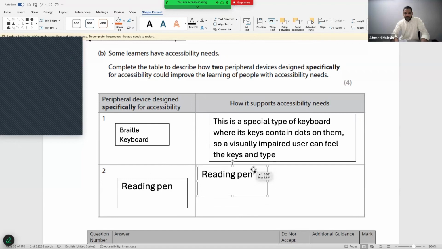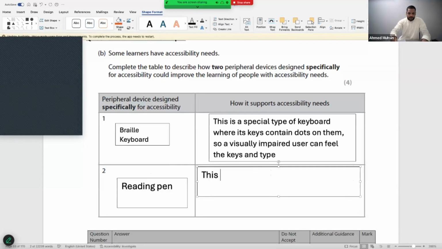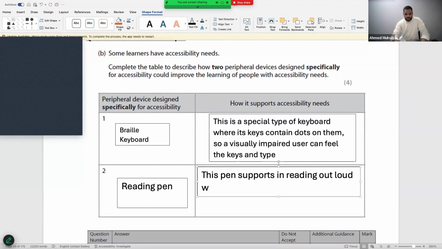So guys, shall we say what this does? You can say this pen supports in reading out loud the characters wherever it is pointed at.